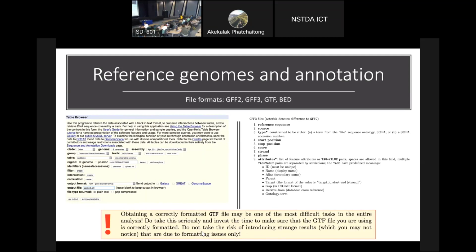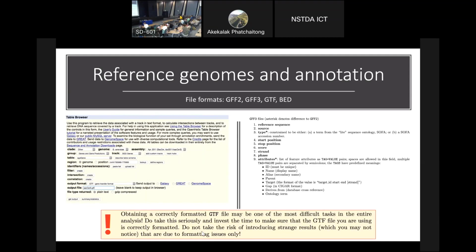And this is an example of what the format looks like. So you have nine components, and the ninth one is broken down into various little parts.